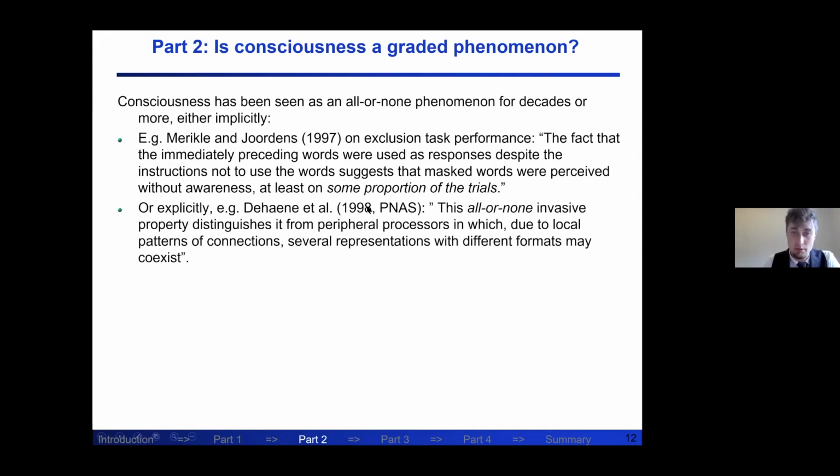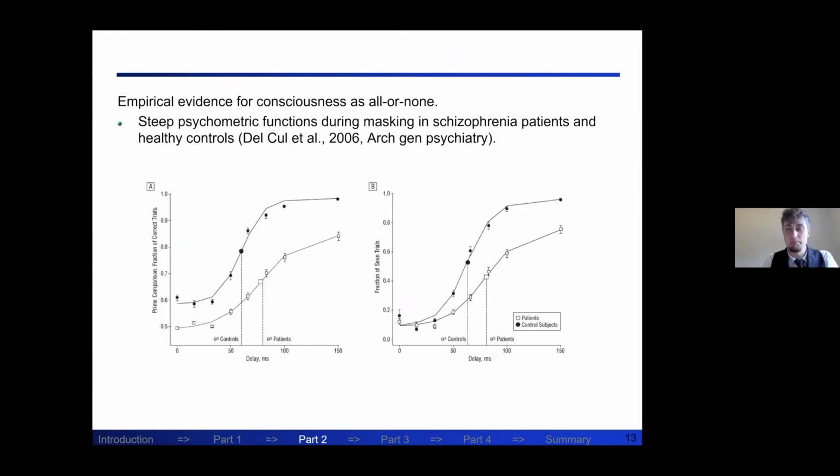And as I mentioned, you have it with Stanislas Dehaene, where they are talking about all or none properties that distinguish, I think in this case, conscious processes from other processes. So you have this view in the literature. And if you look at some of the evidence that has been given to show that consciousness is all or none, our claim is that it is not actually as strong as it appears.